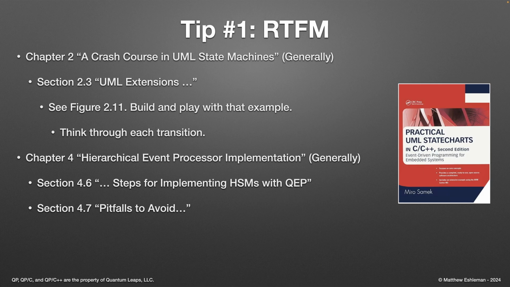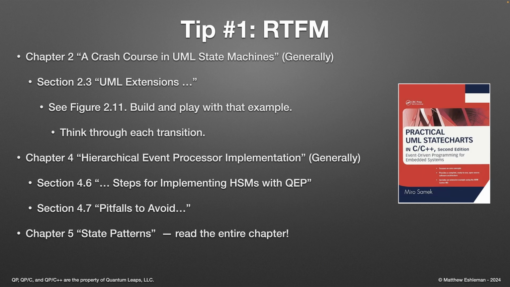Then take a look at section 4.7, pitfalls, common mistakes people make. And then I really want you to sit down and read Chapter 5, State Patterns. There are multiple good patterns in there that you need to be aware of so that those tools are in your tool chest when you design and write firmware using QP.